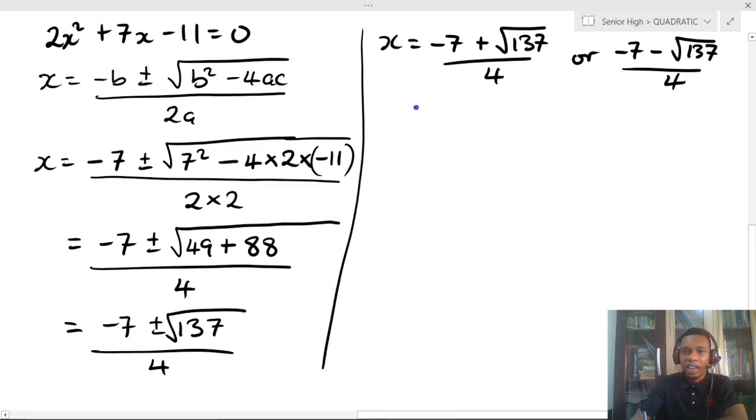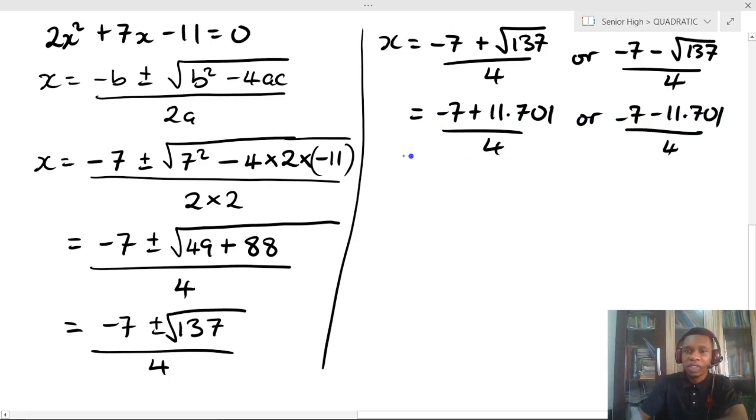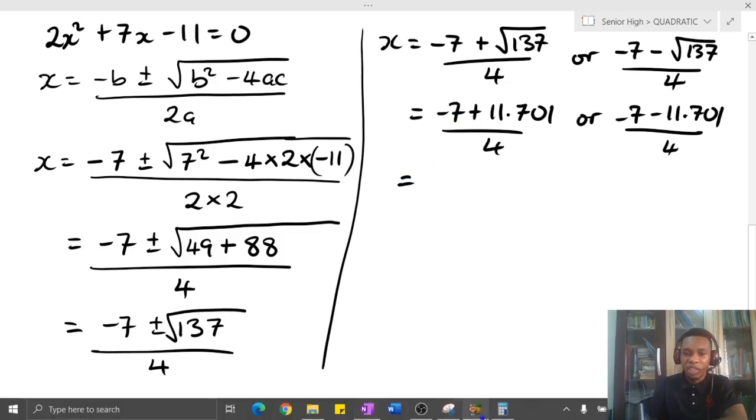So that is equal to minus 7 plus 11.701 over 4, or minus 7 minus 11.701 over 4. And that's equal to, now I can add this up. So let me just bring in my calculator again.